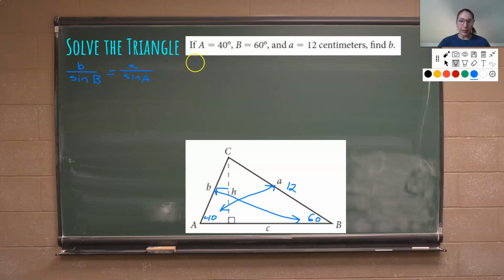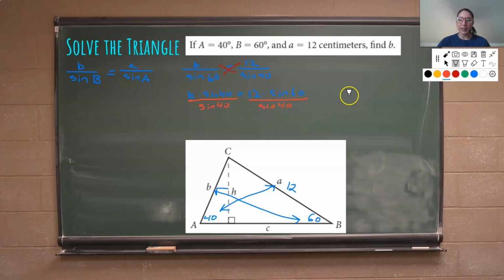So little b, we don't know. Big B we do know is 60. So this is equal to a, which we know is 12, over sine of big A, the sine of 40. Let's do some cross multiplication. b times sine of 40 equals 12 times sine of 60. Let's divide both sides by sine of 40 because I want little b.